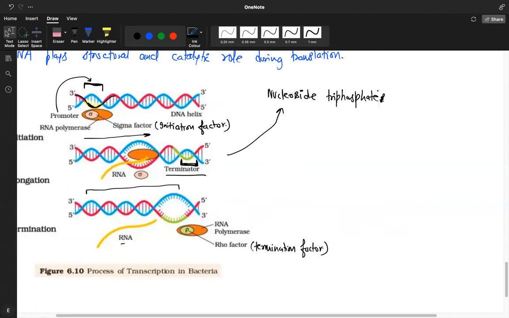Substrate means to use it as the raw material. It uses nucleoside triphosphates as substrates to synthesize or polymerize the RNA. Clear, everyone?